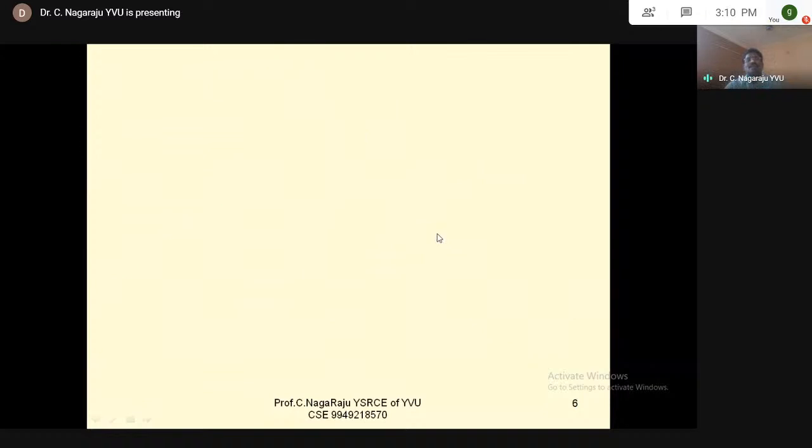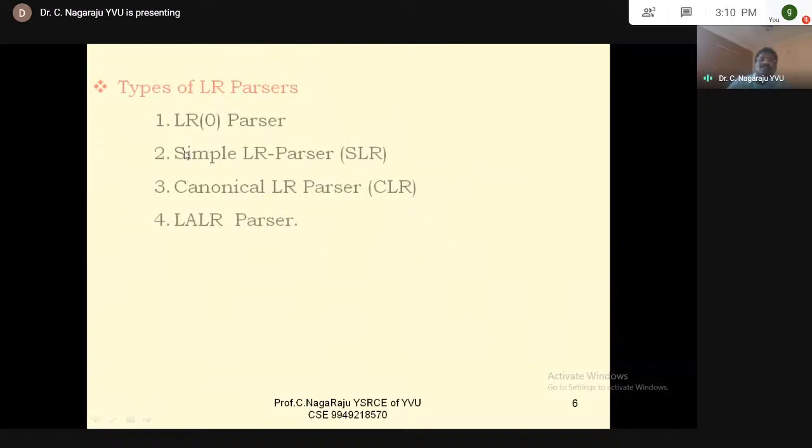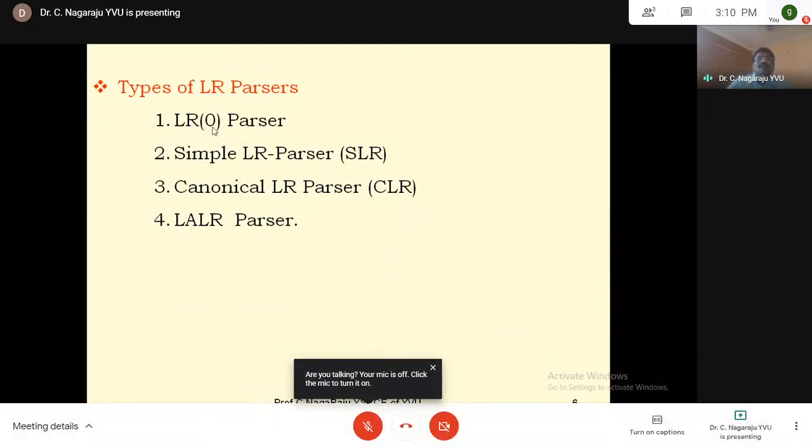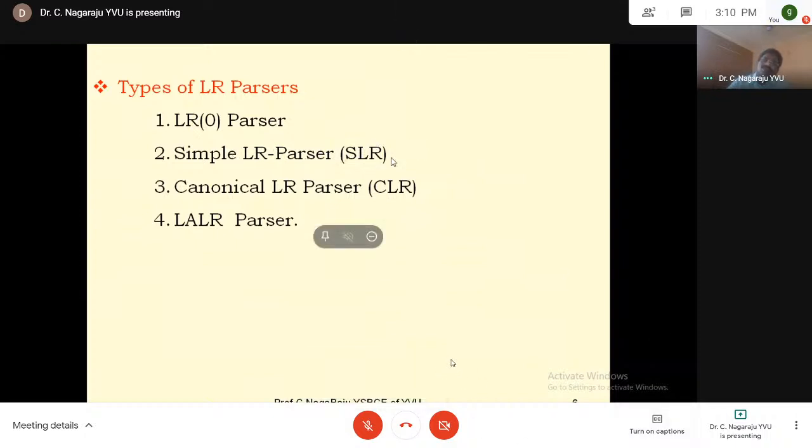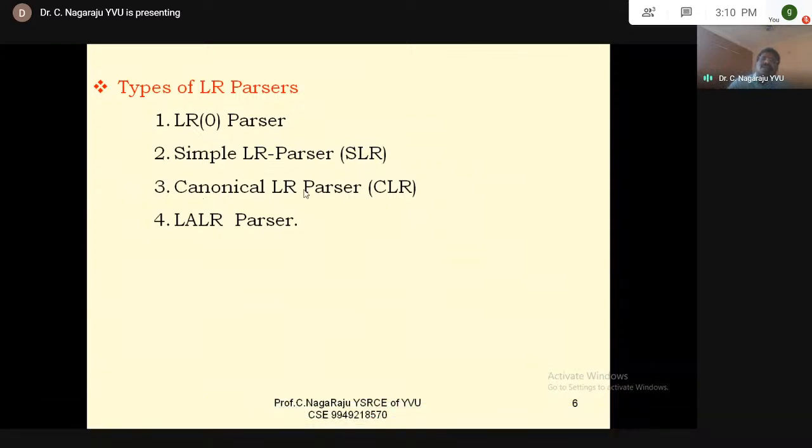There are different types of LR parsers. There are four types of LR parsers. One is the LR(0) parser, and the simple LR parser, also called the SLR parser, SLR(0) or SLR(1). Then the canonical LR parser, that is the CLR, and LALR, the look-ahead LR parser.